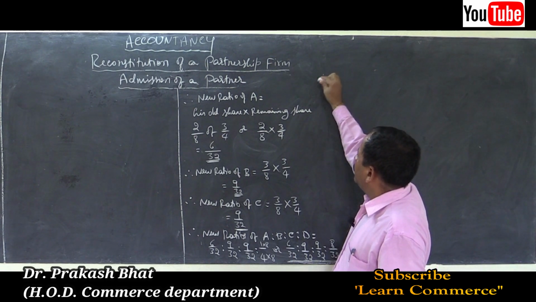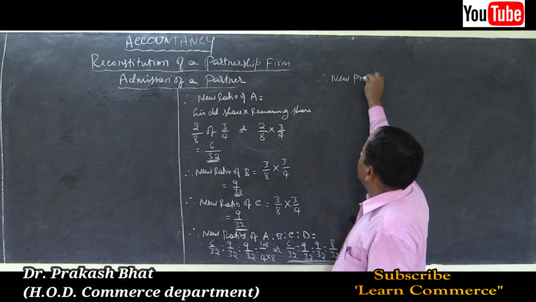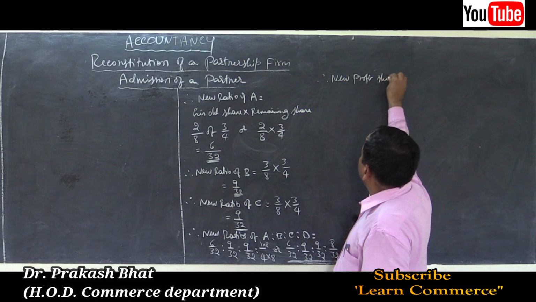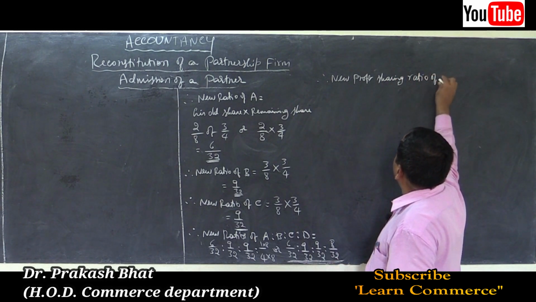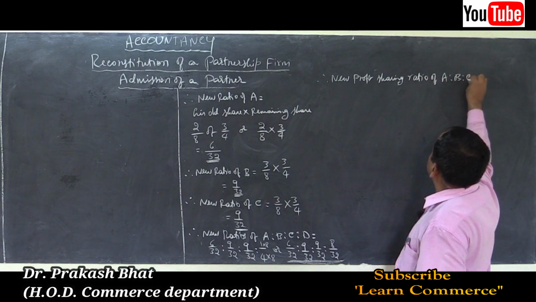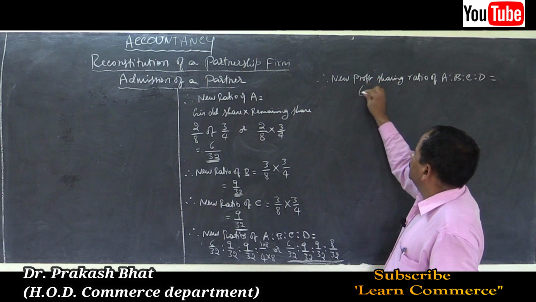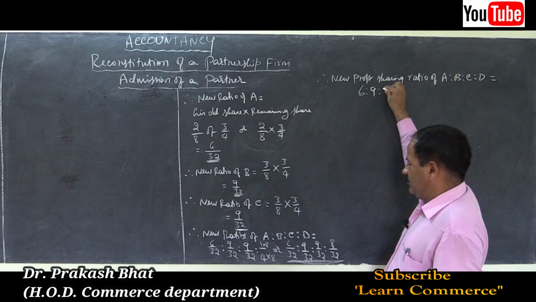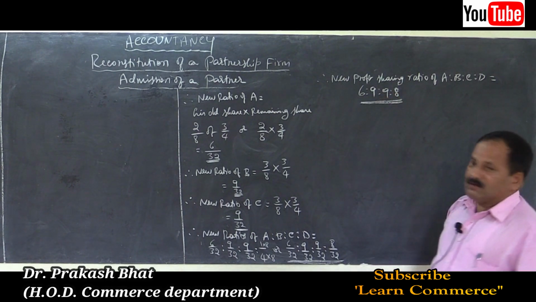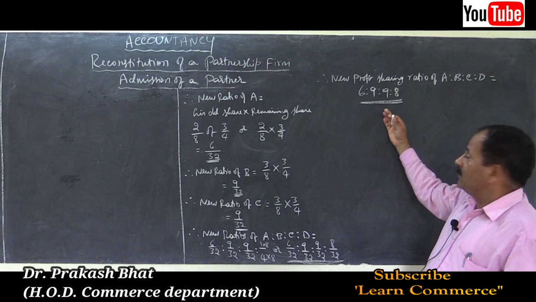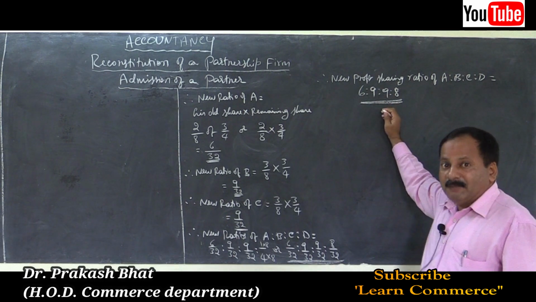So you have to write in one sentence, therefore new profit sharing ratio of A is to B is to C is to D is equal to 6 is to 9 is to 9 is to 8. That's all. It cannot be reduced to lower numbers because all the numbers are not divisible by a common number.